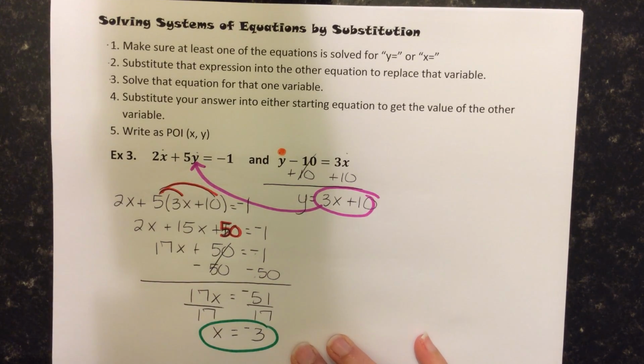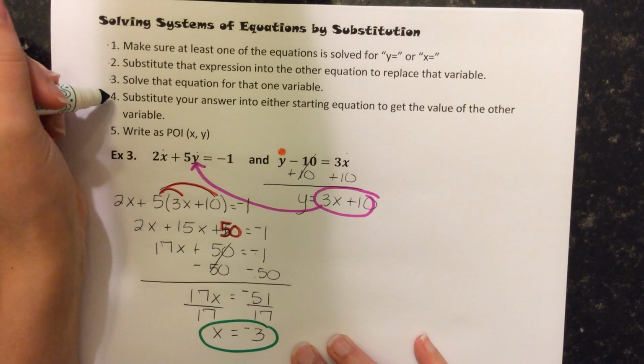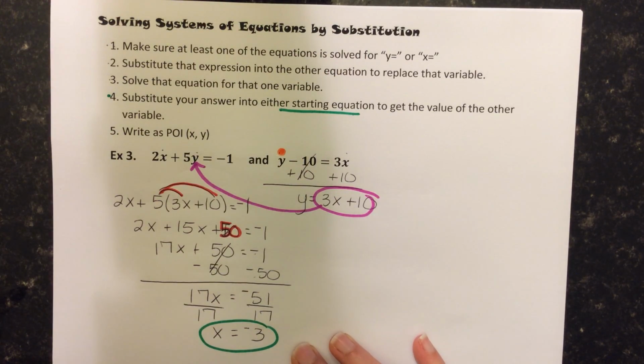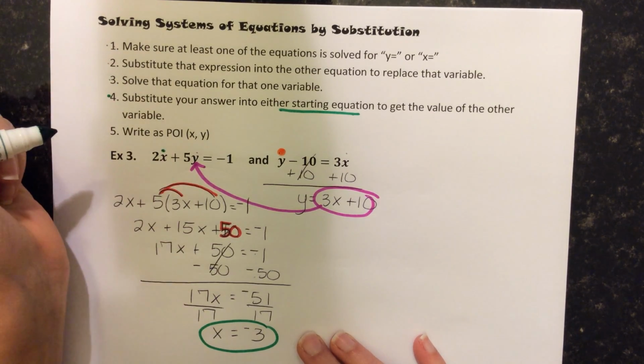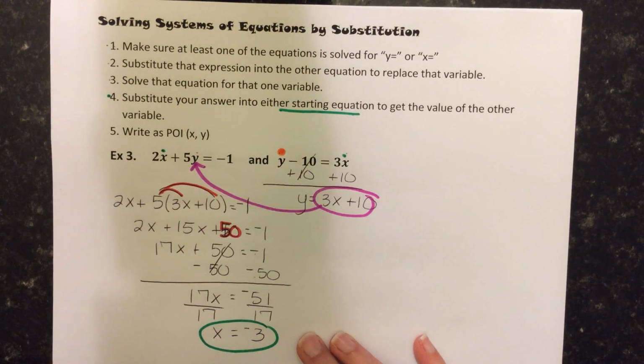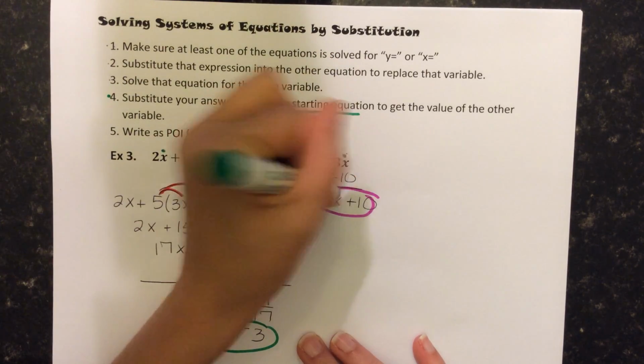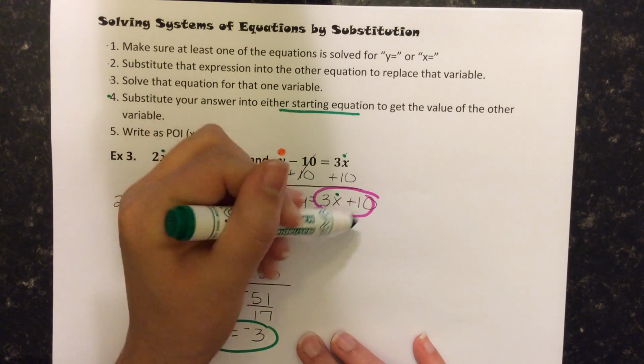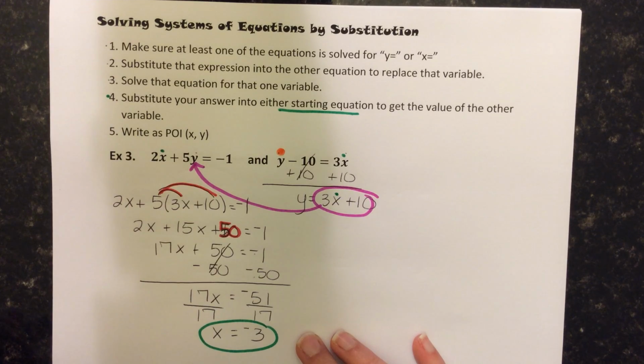So now I can substitute that answer into either starting equation to get the value of the other variable. Okay, so what I'm going to do is I could plug it in for this x or this x or even this x. Okay, so this is really a starting equation. I just rewrote that starting equation. So again, doesn't matter which one.